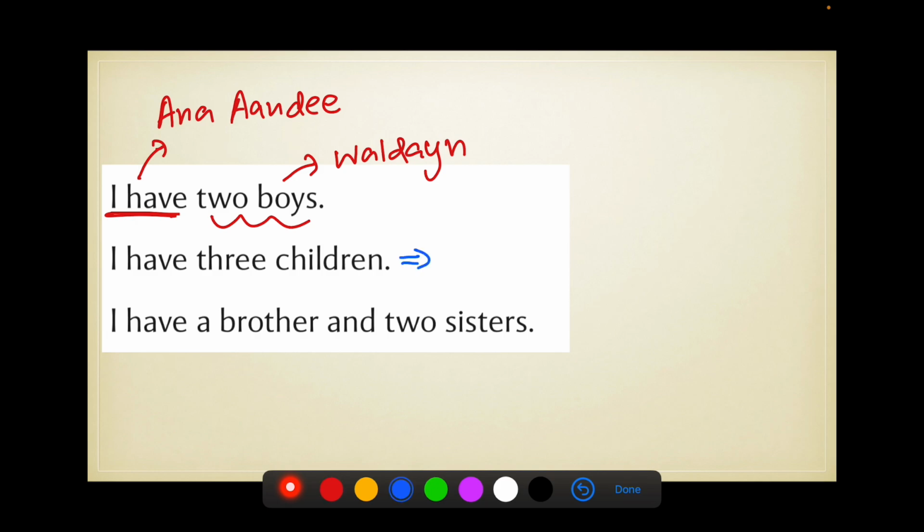I have 3 children. I have will be أنا عندي ثلاث. We can't write ثلاثة because when a number with A is written in front of a word, it loses the A. So أنا عندي ثلاث أولاد.